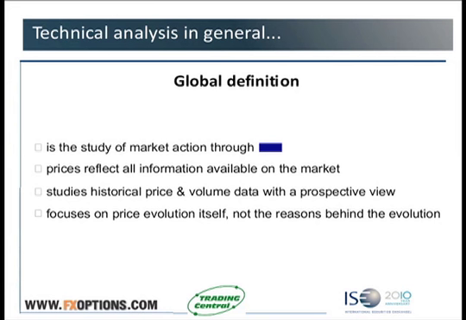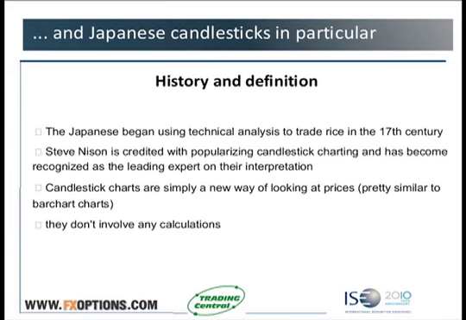Technical analysis studies historical price with volume data with a prospective view, and it focuses on price evolution itself and not the reason behind the evolution. So that's it for the description of technical analysis. As we presented technical analysis in your first webinar, we won't waste our time on a global definition. Today we focus on Japanese candlesticks.